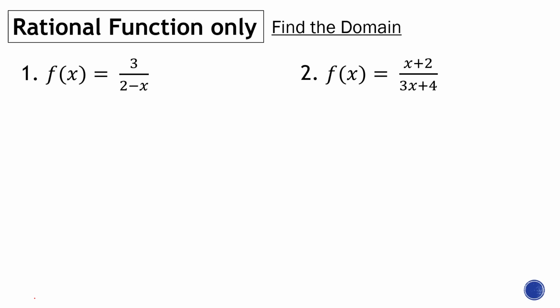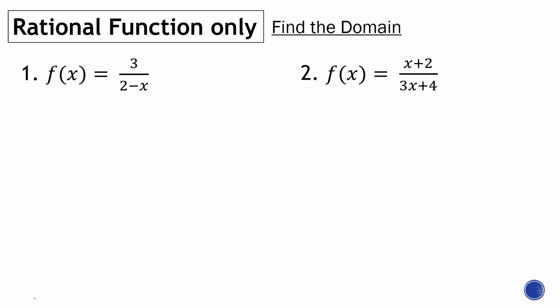Whatever number makes the denominator equal to 0 is excluded from the list of values that we can substitute for x. By the way, the reason we don't want a 0 in the denominator is that the function will be undefined, so we exclude that number.